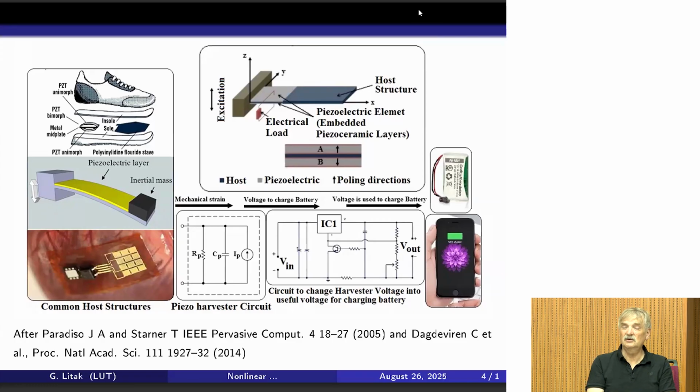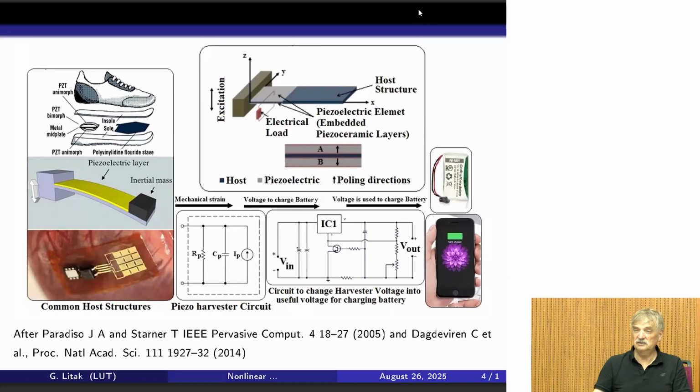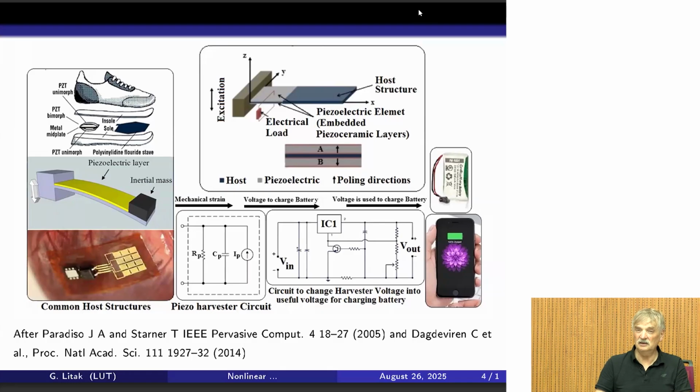And power electronics is important, but I would prepare some material about electronics, how to transform, how to rectify the voltage output, and how to connect different voltage outputs just to have a stable voltage, how to stabilize this output.